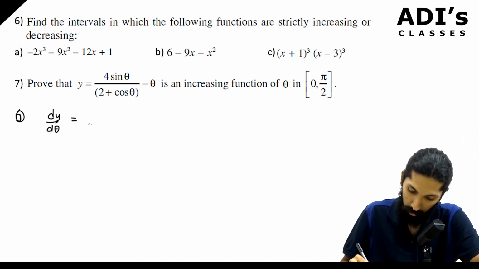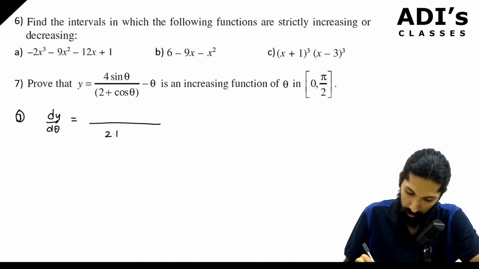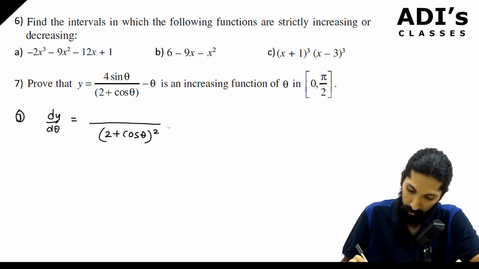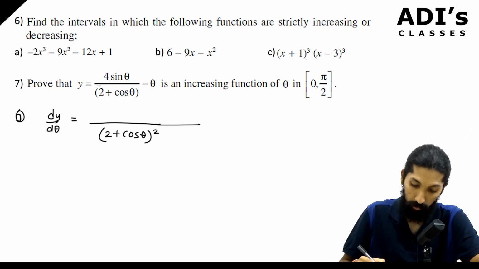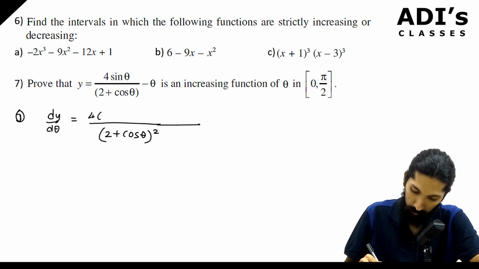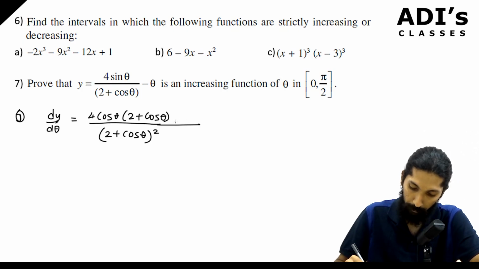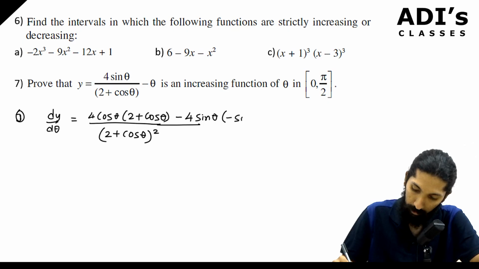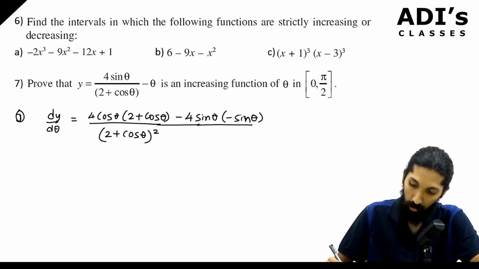When you apply the quotient rule, (2 plus cos theta) whole square, numerator 4 cos theta into (2 plus cos theta) first, minus 4 sin theta into minus sin theta, minus 1, correct?